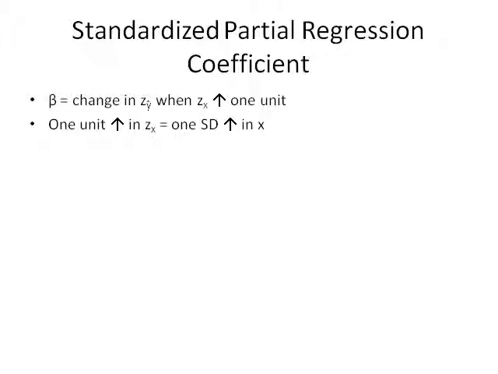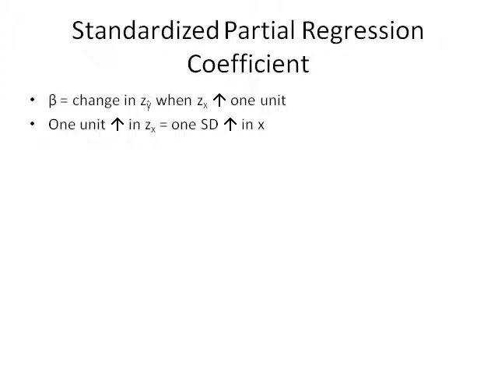In the standardized regression equation, the name for beta changes from the partial regression coefficient to the standardized partial regression coefficient. It is used to multiply or weight z-scores on x in order to predict z-scores on y.